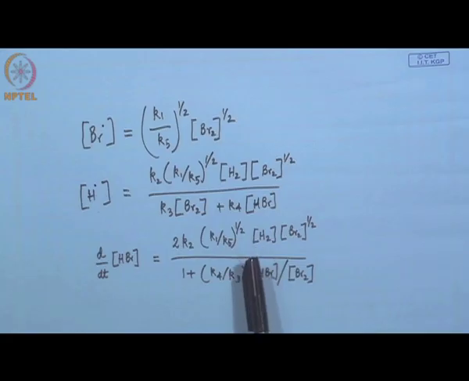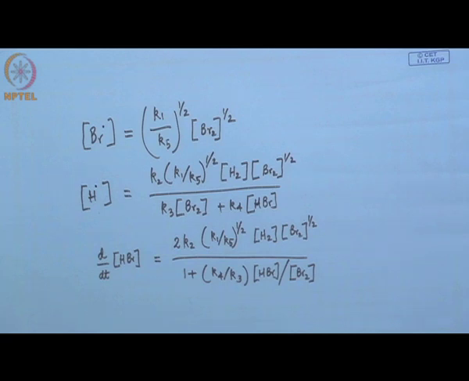Considering all this and also invoking the steady state approximation onto H• and Br•, which is a requirement while treating these complex reactions, after plugging in the respective expressions for H• and Br• into the expression for the rate of production of HBr, we got this particular expression, which says that the rate of production of HBr has a fractional concentration dependence on Br2, and as more HBr is produced, the forward reaction is a little bit inhibited, as evident from the mechanism.